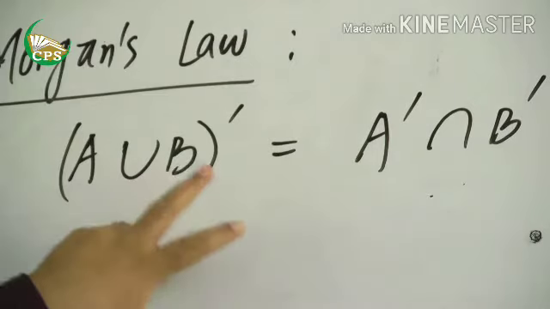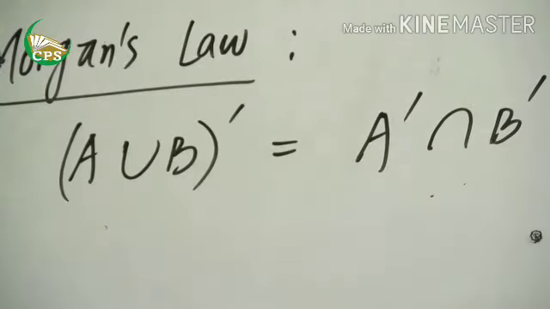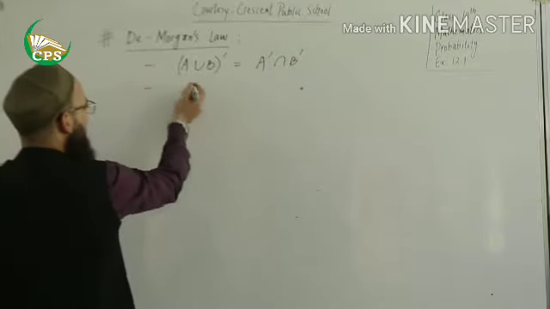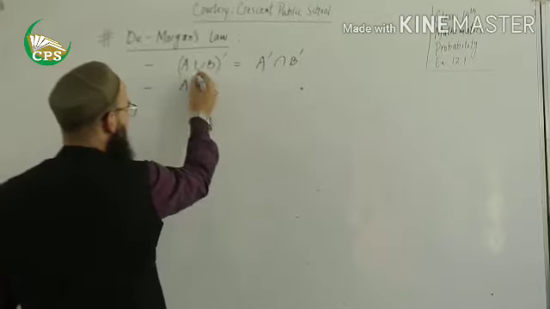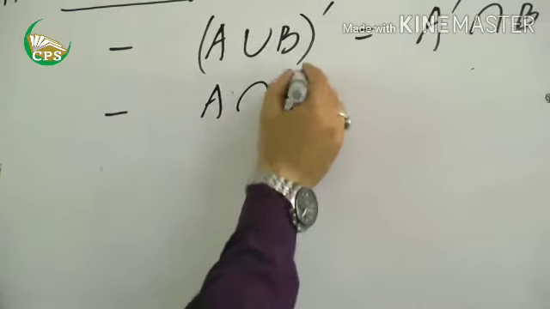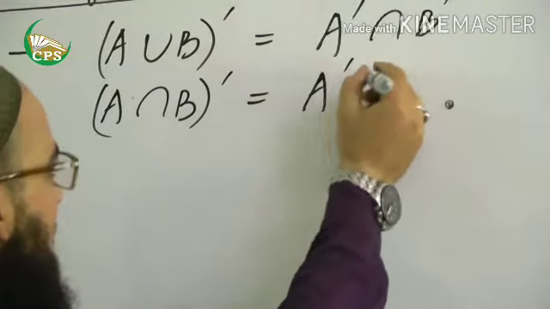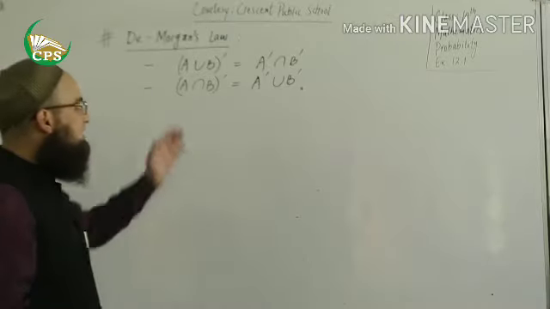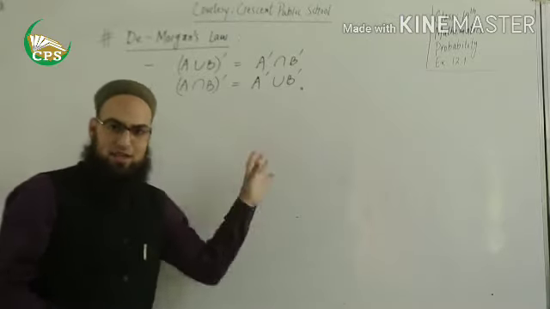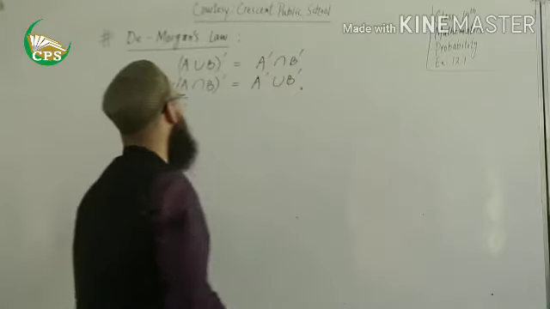A union B whole complement is equal to A complement intersection B complement. Or another form of this is the opposite of this. That means A intersection B whole complement is always equal to A complement union B complement. This law or this equality is called De Morgan's law.